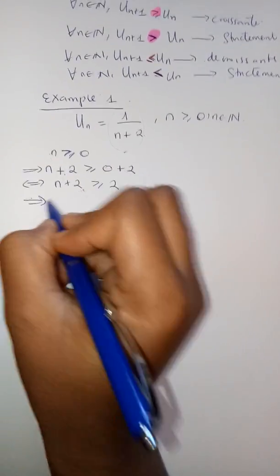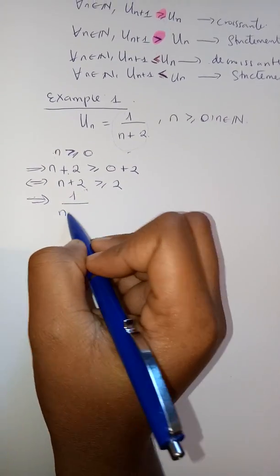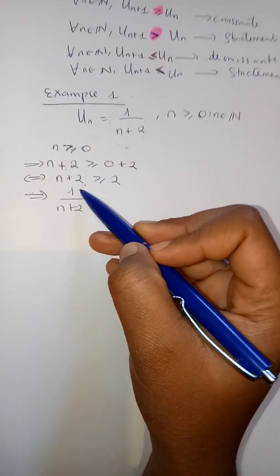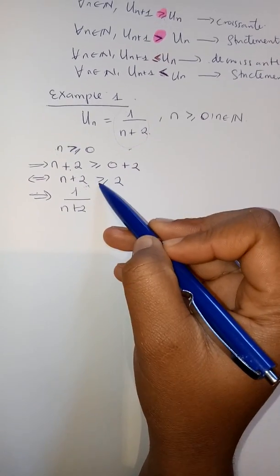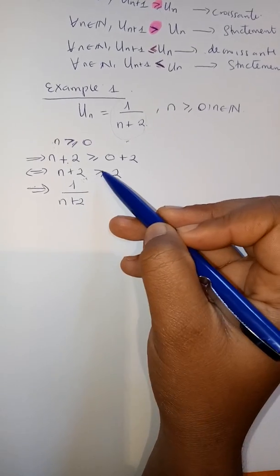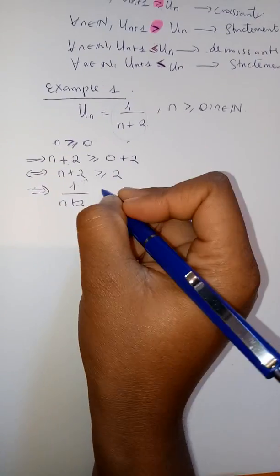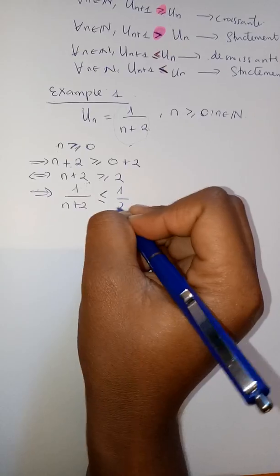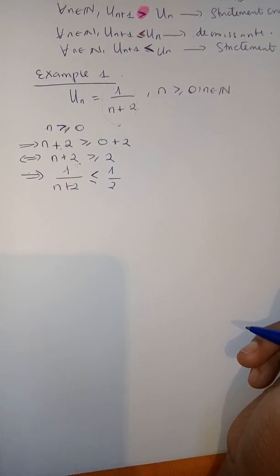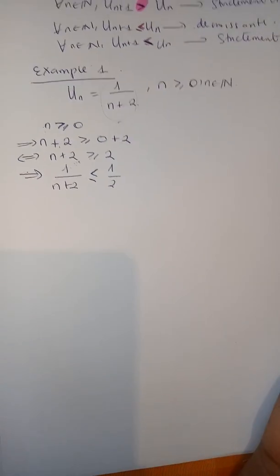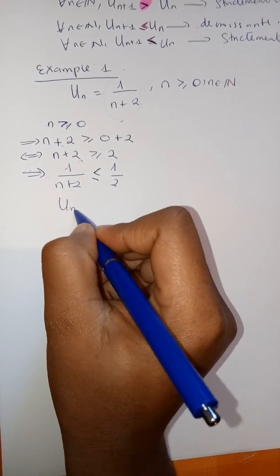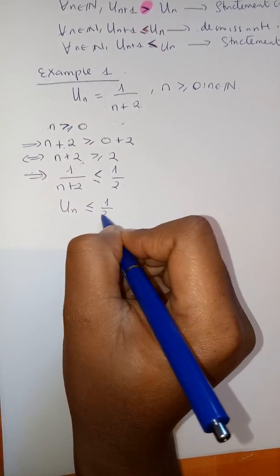So this implies 1 over n plus 2. And what did I say before? Since I've put it in the form of a fraction, I have to look at the inequality sign, which is also very important. Instead of supérieur ou égal this time, it will be inférieur ou égal à 1 over 2. So at this point, what have we gotten? We have seen that un is less than or equal to 1 over 2.